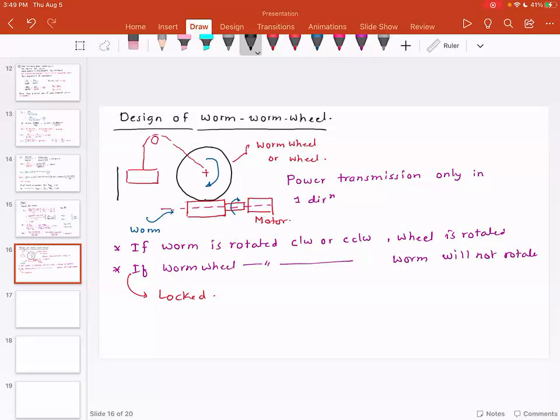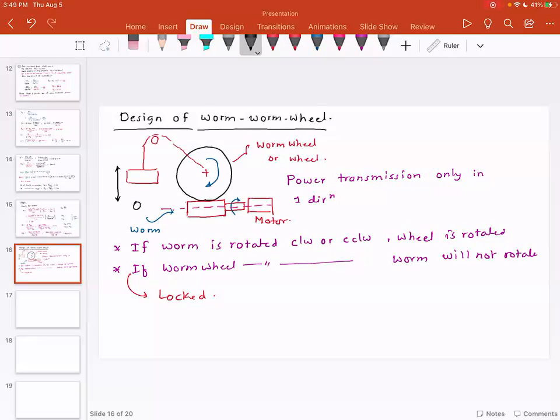So we want to raise or lower the load by rotating the motor. Now consider a case that the power fails and the motor stops all of a sudden. Because of this worm wheel arrangement, the load will not run.